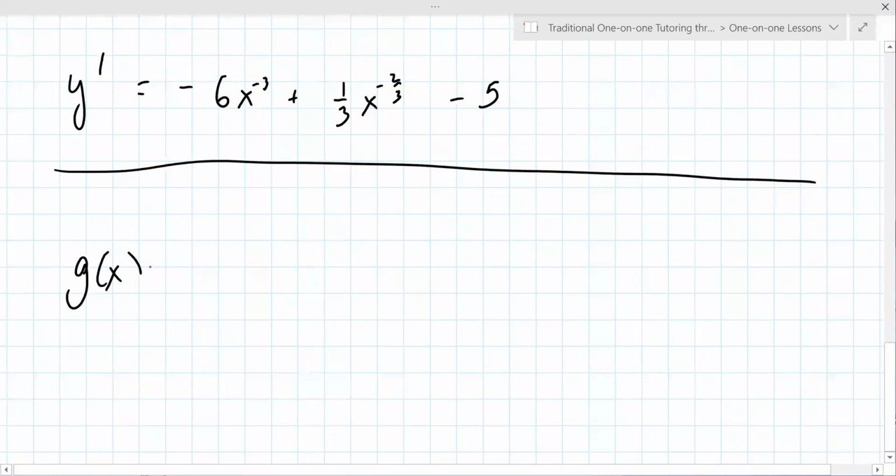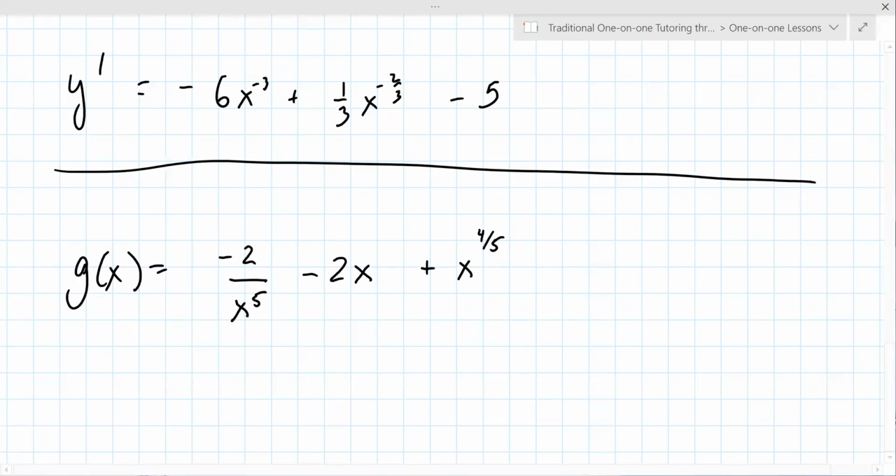Okay, let's try another one here. g of x equals negative 2 over x to the 5th minus 2x plus x to the 4/5 power. Okay.